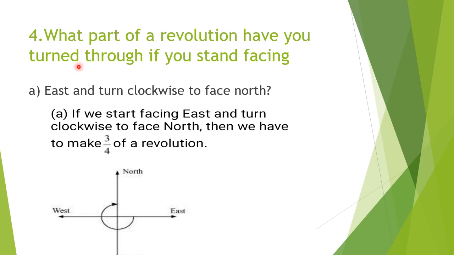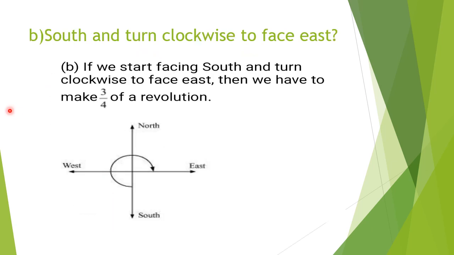What part of a revolution have you turned through if you stand facing east and turn clockwise to face north? If we stand facing east and turn clockwise to face north, then we have to make 3 upon 4 of a revolution. Question B. South and turn clockwise to face east.